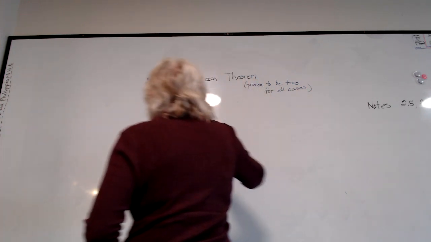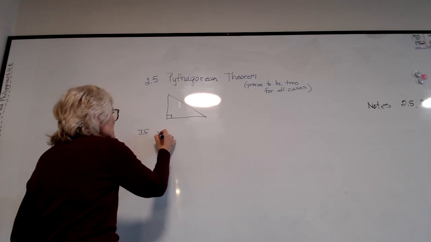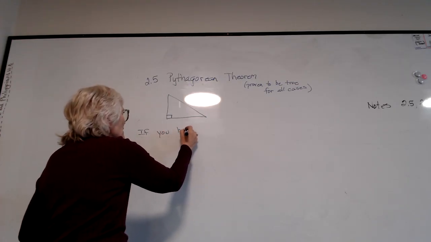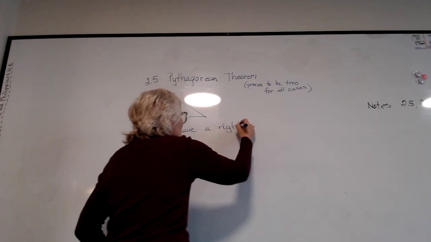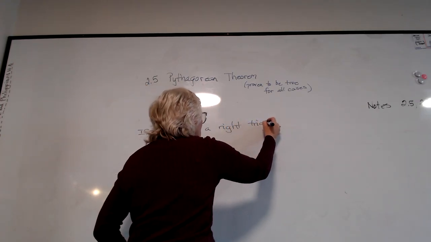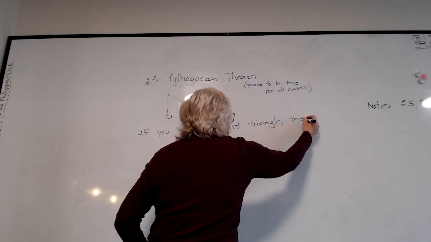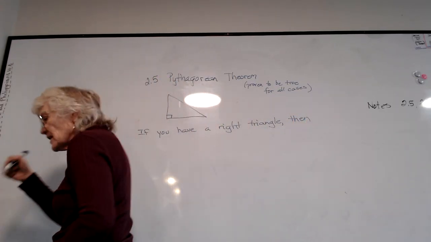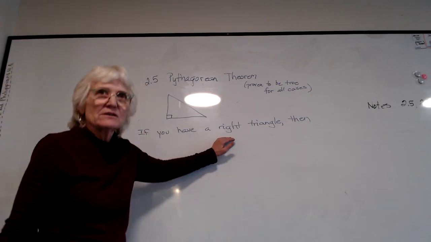In this theorem it says if you have a right triangle, then we start out with the idea that we have to have a right triangle before this ever works. Okay, that's what it says, if you have a right triangle.